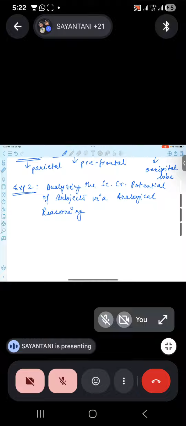Analogical reasoning is a type of reasoning where you take an example. Suppose there is an example and you just try to understand the similarity between 2 or 3 examples, and from those similarities, you try to create something new.